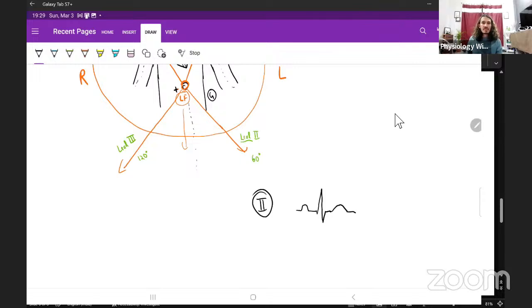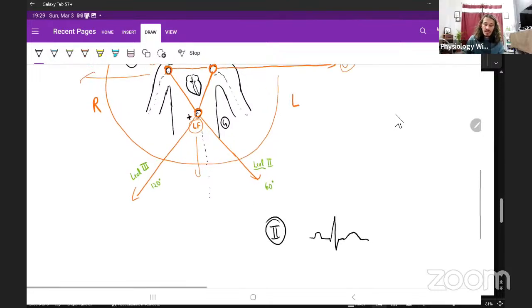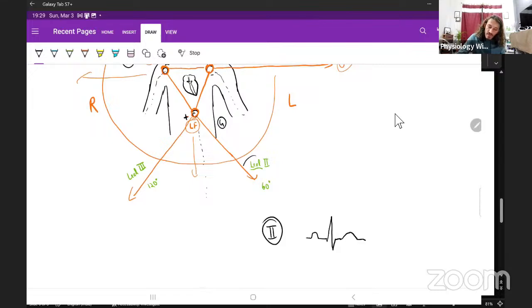It comes out like this because when we look at it from lead 2, remember what I told you, you look at it from a particular directionality, from this point. Anything that is going towards the positive, and in lead 2 this is the positive, will be seen as a positive deflection.